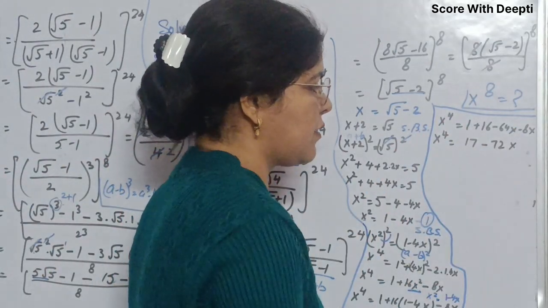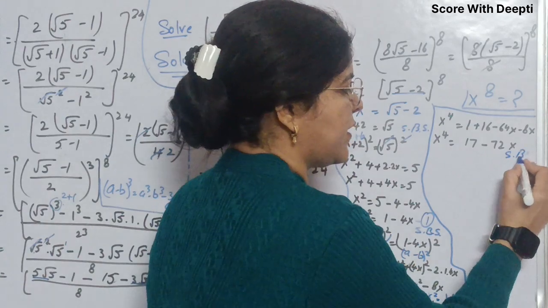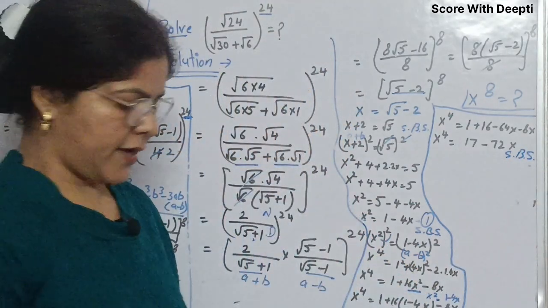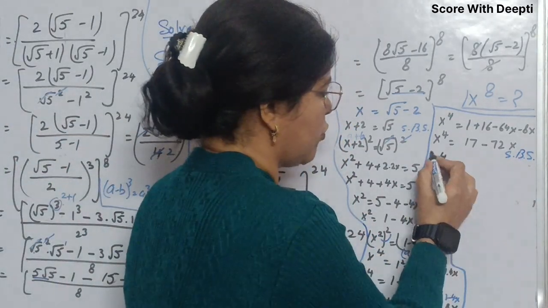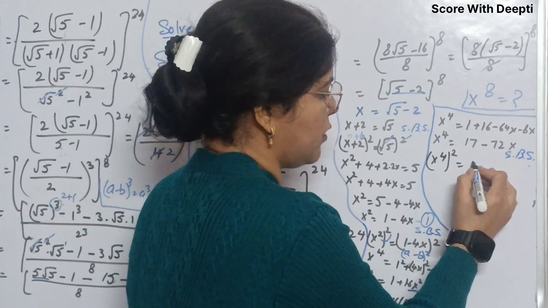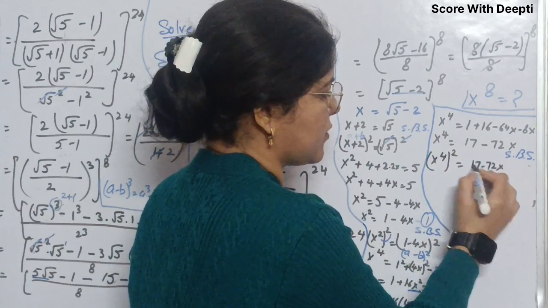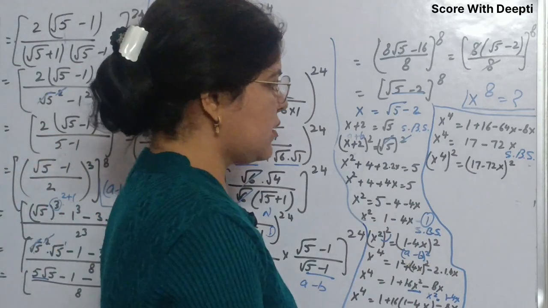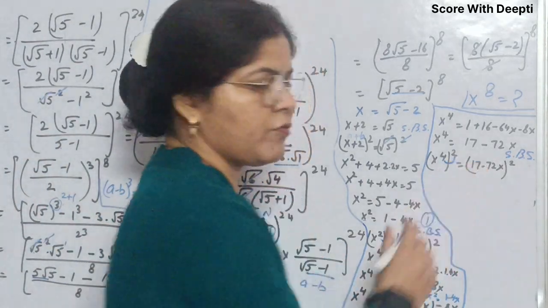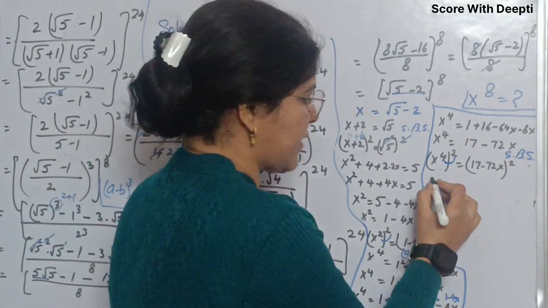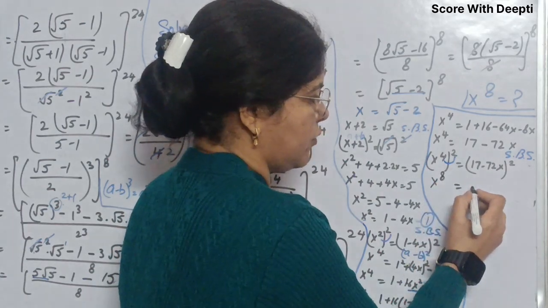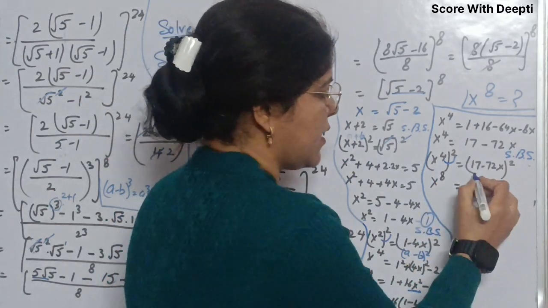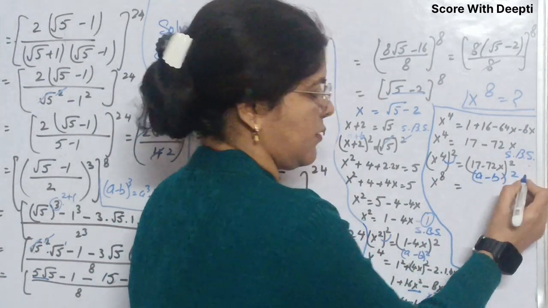So we take square in both the sides. Again we take square in both the sides, and here we get (x to the power 4) whole power 2 equal to (17 minus 72x) whole power 2. Next we solve this. Here we apply identity, multiply 4 with 2, and here we get x to the power 8 equal to, here we apply a formula, that is (a minus b) whole square.